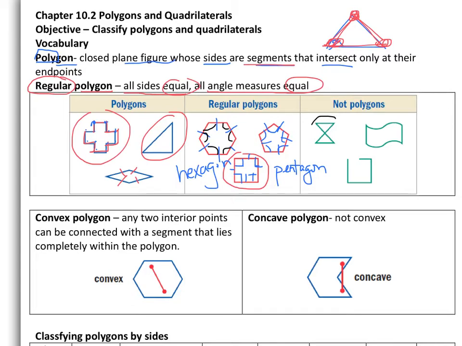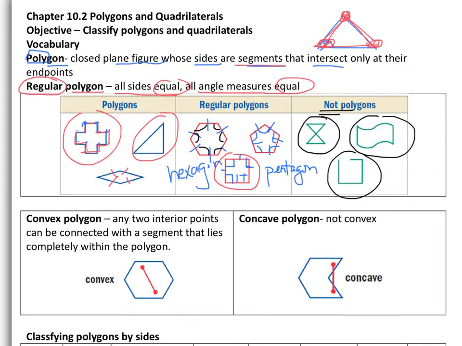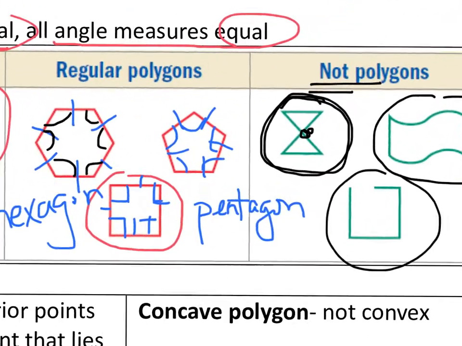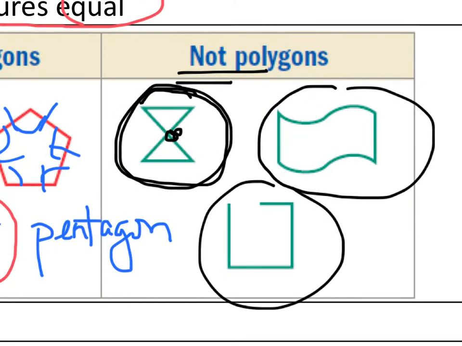And here we have 3 figures that are not polygons. This figure here is not a polygon because it's not a closed plane figure whose sides are segments that intersect only at their endpoints. You see this intersection in the middle? It's not an endpoint for this segment.